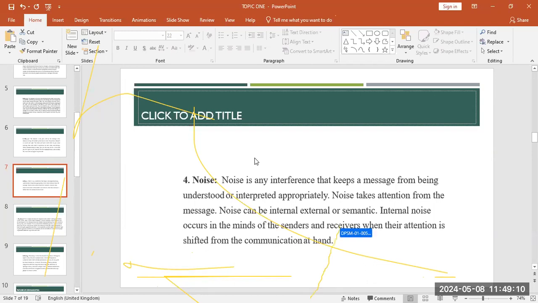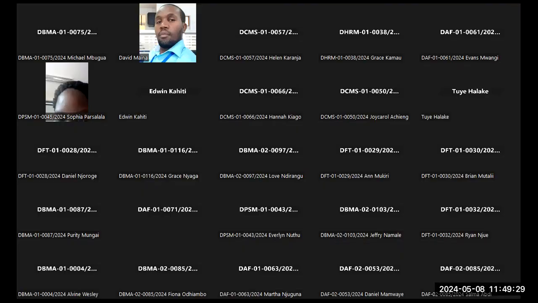And if you think that communication skills is easy, wait until you sit for that exam. That's when you will know that the exam is not easy. So this DPSM student is writing here. It shows how idle you are, and you should write in your notes.